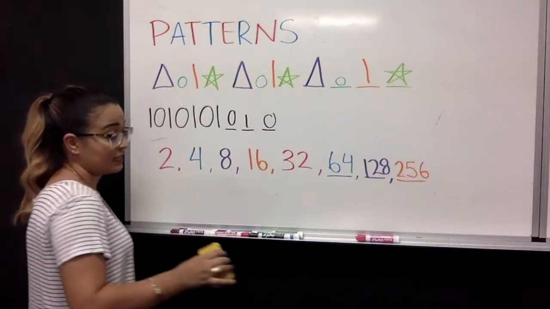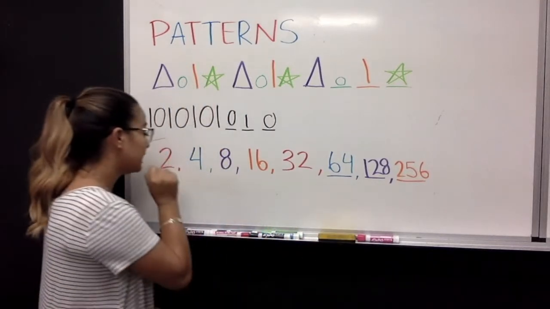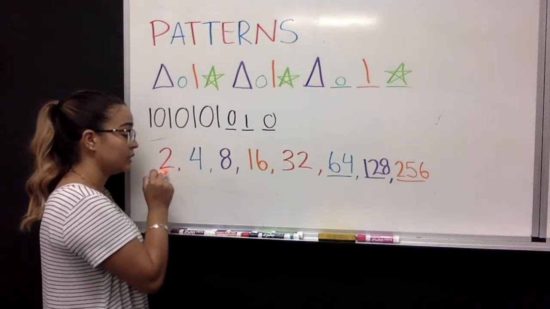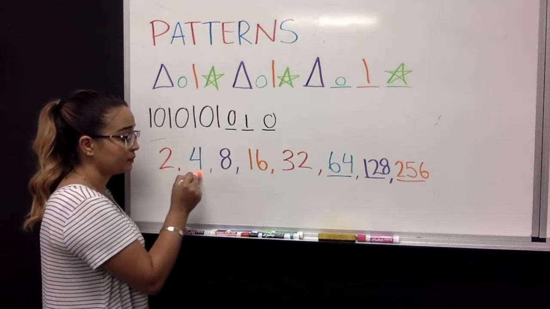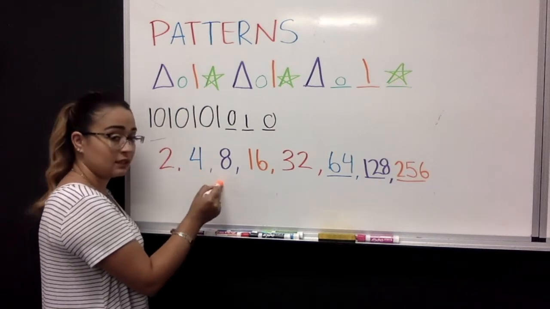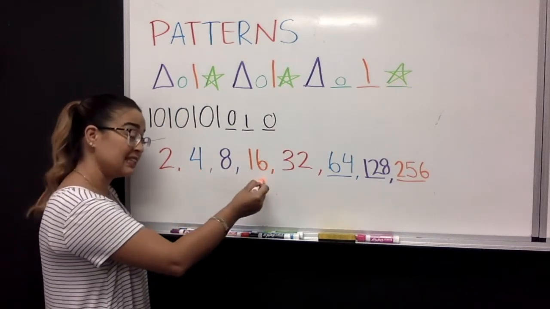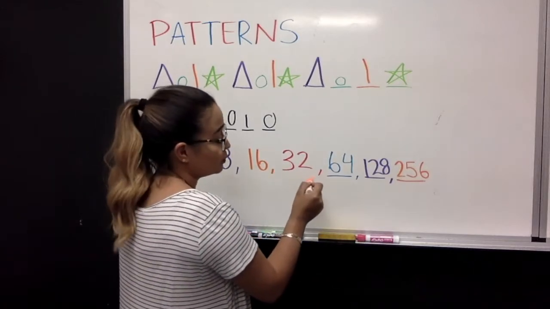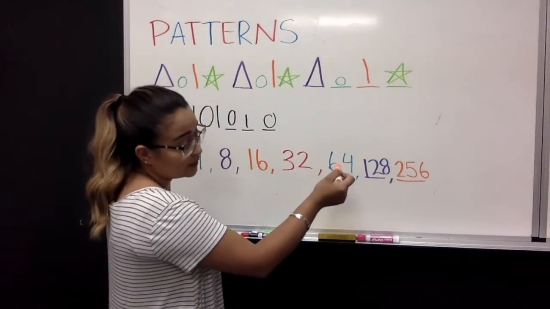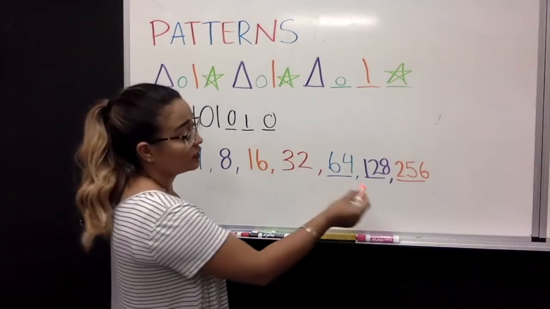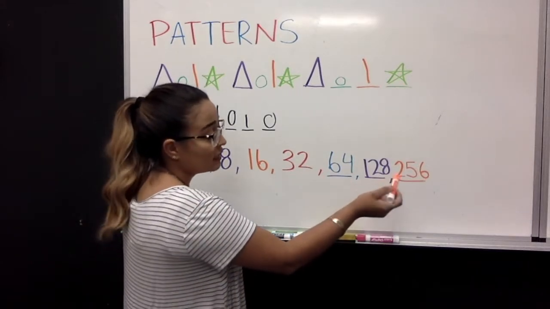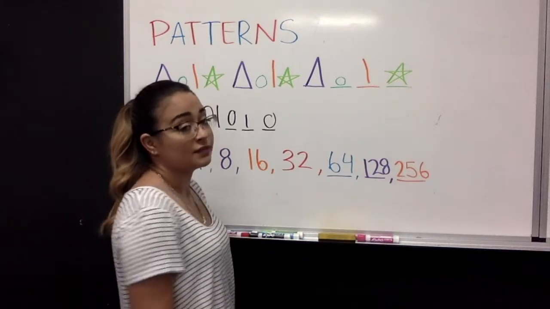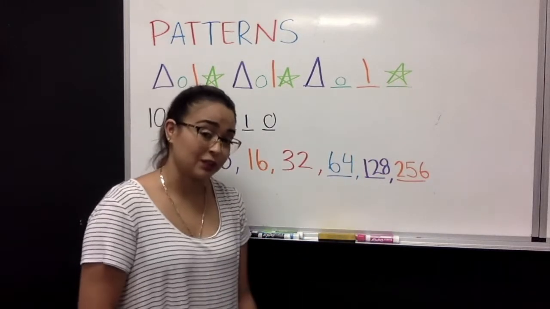You can get that also by adding this number to itself. So it could be 2 plus 2 equals 4, 4 plus 4 equals 8, 8 plus 8 equals 16, 16 plus 16 equals 32, 32 plus 32 equals 64, 64 plus 64 equals 128, 128 plus 128 equals 256, so on and so forth.